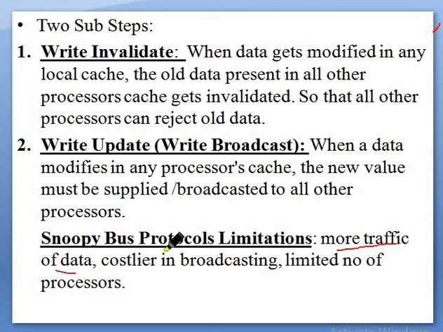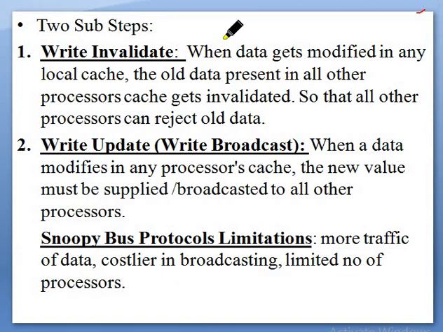It is costlier because it uses a broadcasting method. Also, as the number of processors increases, the traffic and the broadcasting cost increase, hence we cannot expect this protocol to work in a very large multi-computer or multi-processor system.